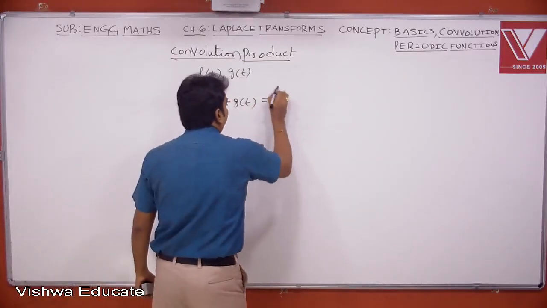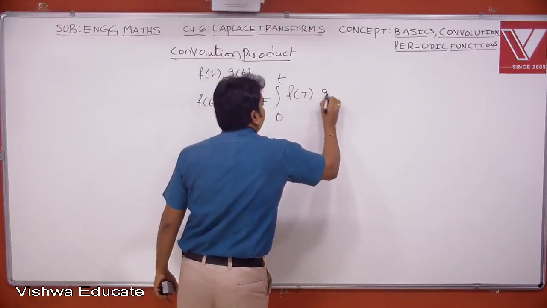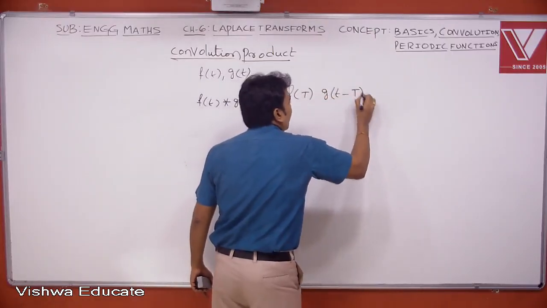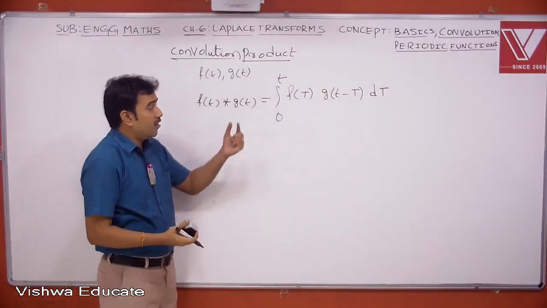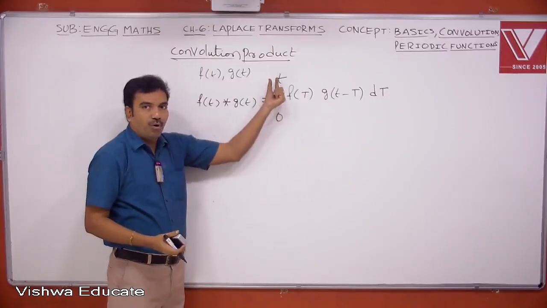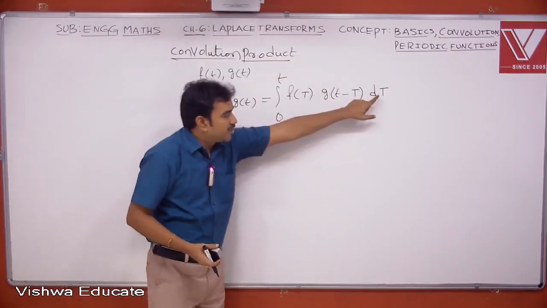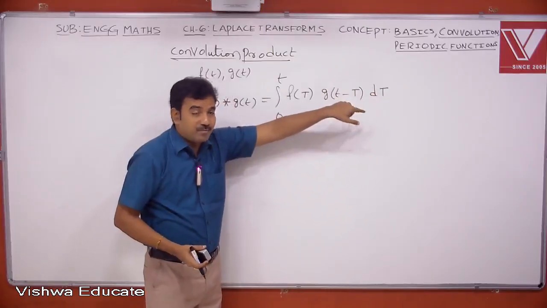This is given by the integral 0 to t f of capital T into g of small t minus capital T dT. So the convolution product is an integral. Integrate this function from 0 to small t, but here you integrate this function with respect to capital T. So capital T is another variable.